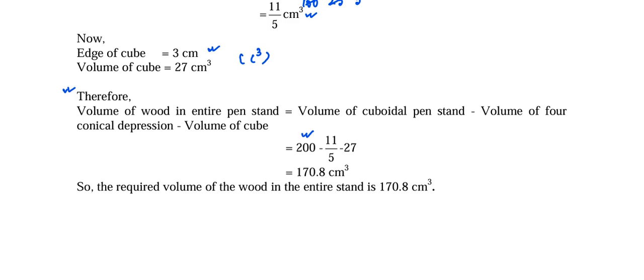Volume of 4 conical depressions is 11 by 5 cube centimeter and volume of the cube is 27 cube centimeter. After the simple calculation, we get 170.8 cube centimeter. So the required volume of the wood in the entire stand is 170.8 cube centimeter.